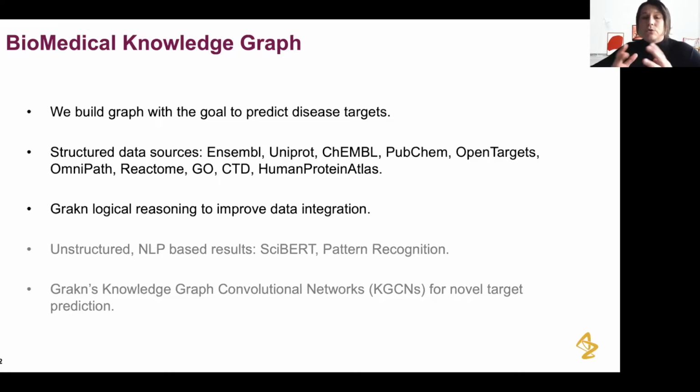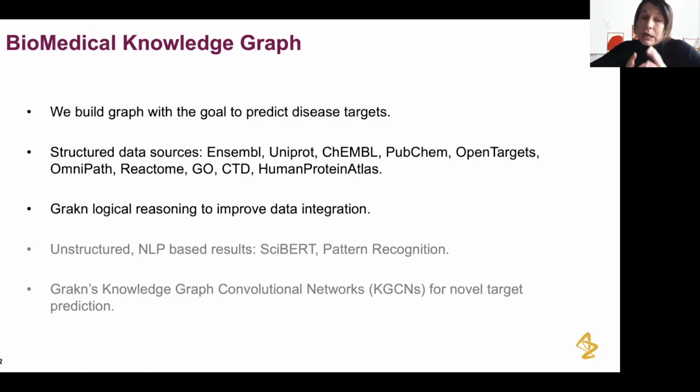Structured means publicly available databases where some type of data are already collected, like Ensembl for genes, UniProt for proteins, ChEMBL and PubChem for chemical compounds, and so on. It's not very easy to work with them because they use different ontologies, different IDs, and so on, but still they're structured.